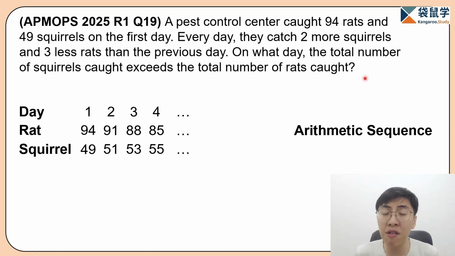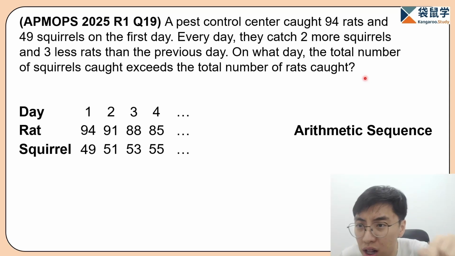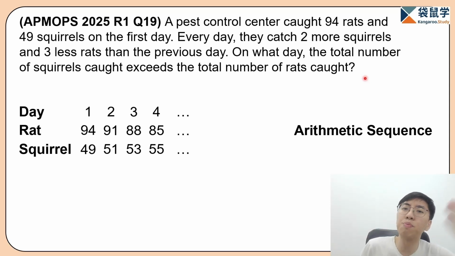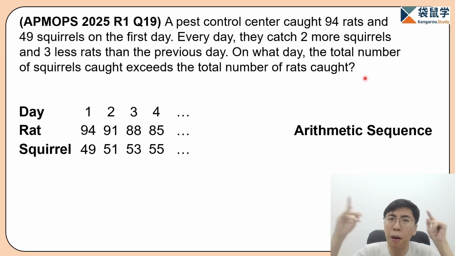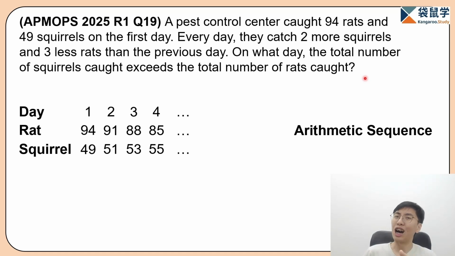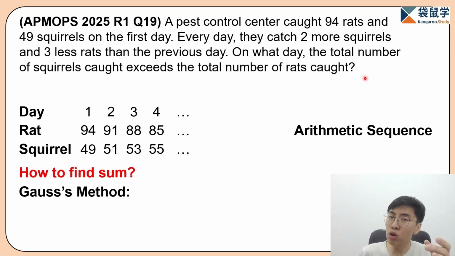It is an arithmetic sequence, and since they want us to find when the total number of squirrels is more than the total number of rats, the total among an arithmetic sequence, how do we do that? Some of us might have already learned before. We'll have to use the Gauss formula, which allows us to find the sum: the first plus the last, multiplied by the number of terms, divided by 2.